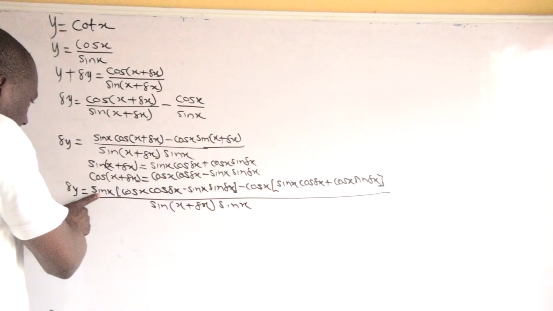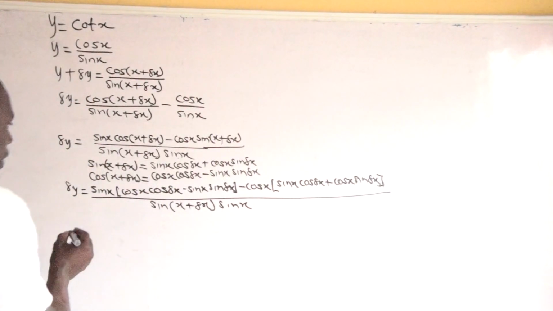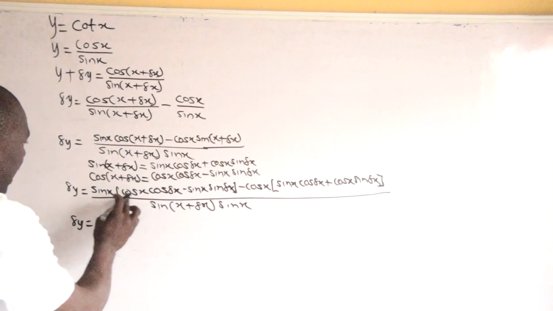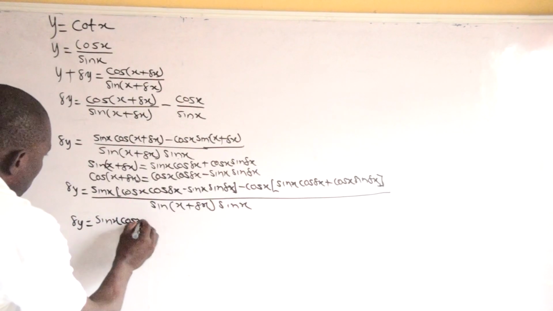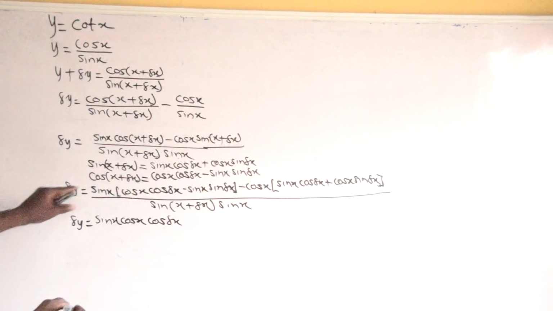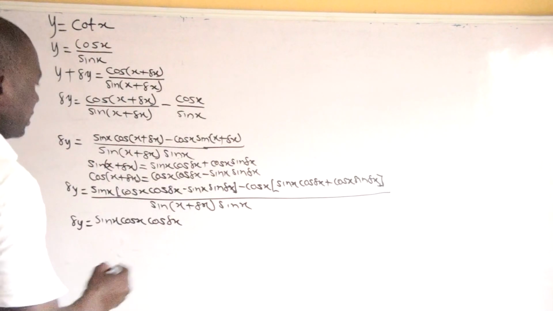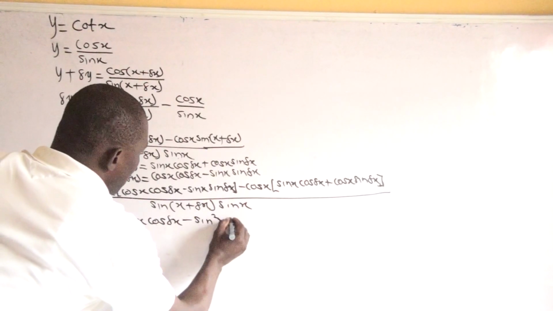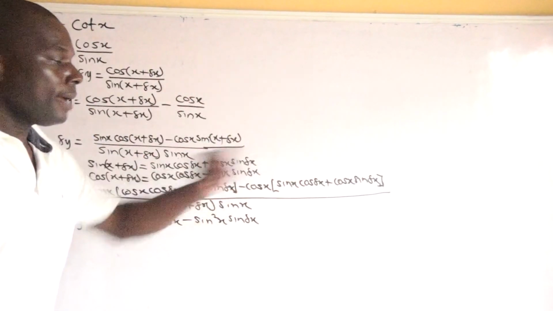Here sin x multiplying the first part of this bracket, we have that our delta y becomes sin x cos x cos delta x. Similarly, sin x multiplying minus sin x sin delta x will give us minus sin squared x sin delta x. Okay, we come to this bracket here.